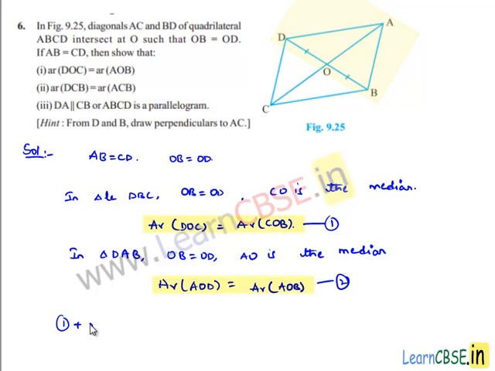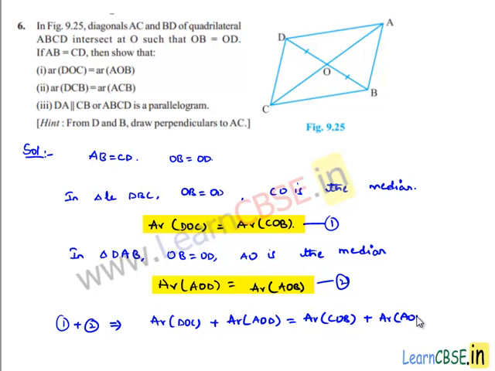By adding both equations we get area of triangle DOC plus area of triangle AOD is equal to area of triangle COB plus area of triangle AOB.